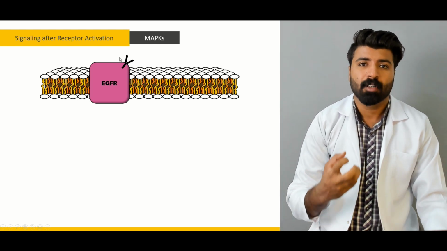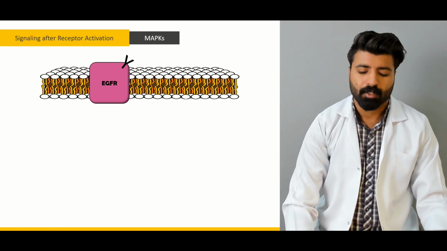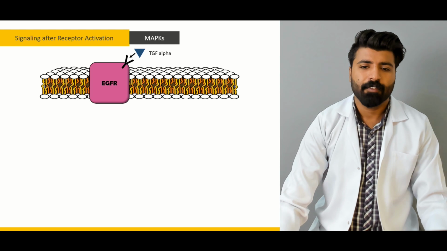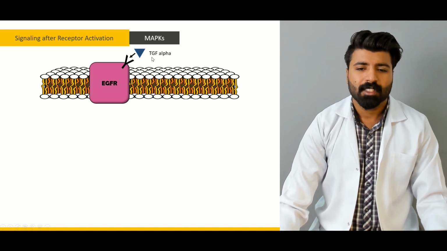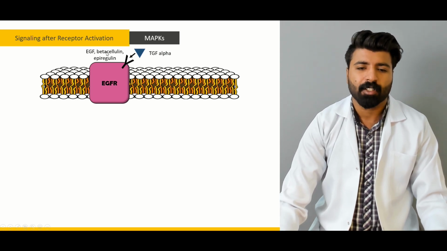What does a receptor get for itself to be activated, for itself to work? A ligand. And which ligand? This ligand. TGF alpha will get attached to it. It's actually TGF alpha which gets attached to it only. There's no other receptor, and it also has this EGF, betacellulin and epiregulin.